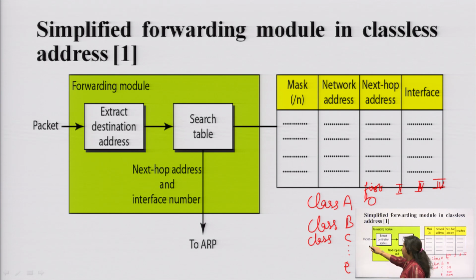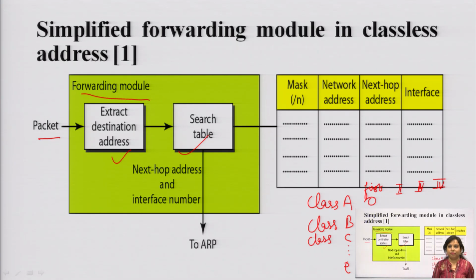So, this is the packet which has reached this forwarding module, this is the exact destination address, and this will consist of the search table. When we have received this exact destination address, then it has to reach another search table. Now, this search table is basically this table, which is a kind of routing table only.